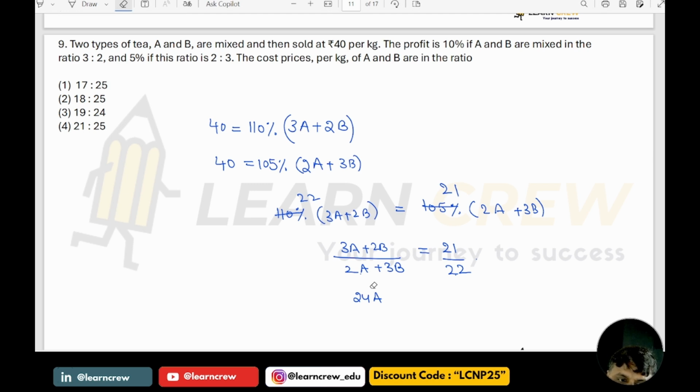So 24A is equal to, here 21 into 3 is 63, 22 into 2 is 44, 63 minus 44 which is 19, 19B. Thereby the cost prices of A and B are in the ratio 19 is to 24. So the answer is 19 is to 24.